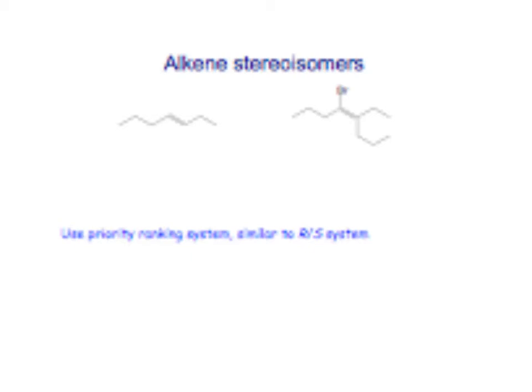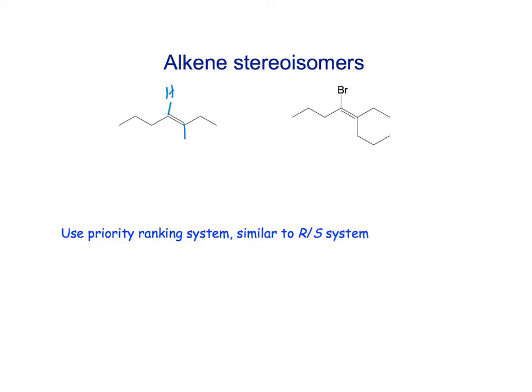Now we can have geometric or stereoisomers when we have alkenes. So a common situation, let's add in the 2 groups on the double bond that aren't being shown, is that we have a carbon chain that has an internal double bond.